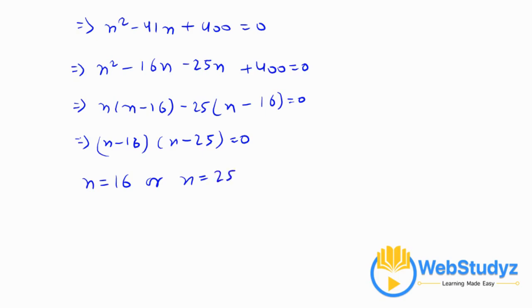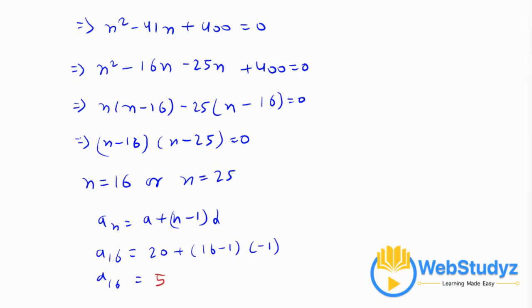By the nth term formula, an is equal to a plus n minus 1 into d. So if we calculate a16, which is equal to 20 plus 16 minus 1 into minus 1, a16 comes out to be 5.